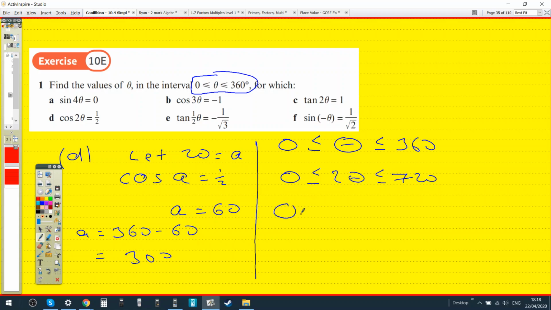So we get 660 as the other one. And so those three, 60, 300, and 660. 2 theta is a squash of a half. We should have double the solutions. We started with 2. We're up to 3.